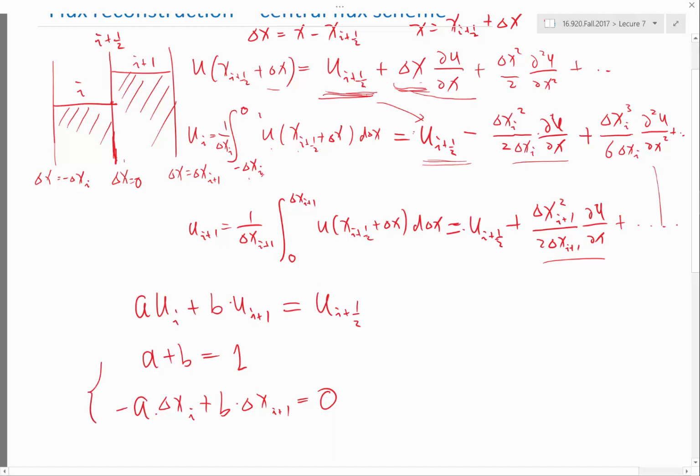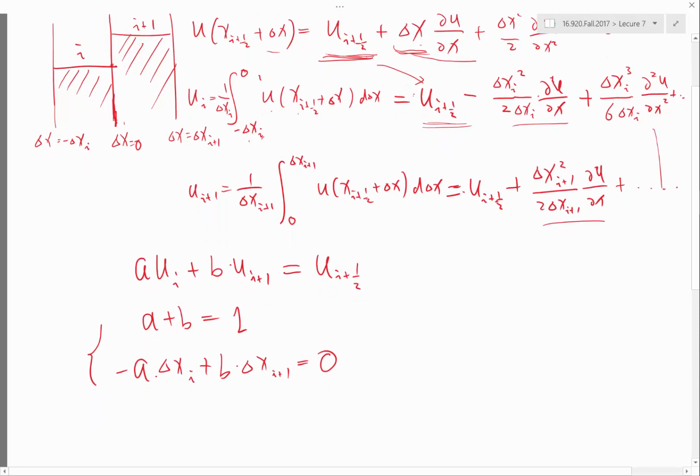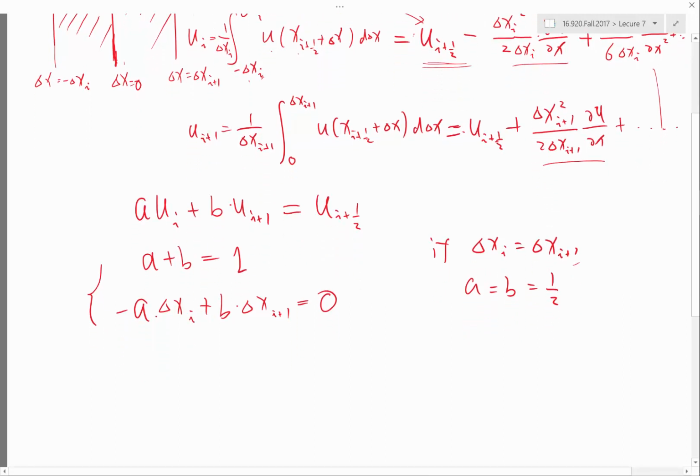So if we just solve these two equations to get the multipliers on ui and ui plus 1, for the simplest case, if delta xi is equal to delta xi plus 1, we get a equal to b equal to half. It's just a simple average. The interface u should just be an average between the volume average on the left and the volume average on the right. That's just from Taylor series approximation. And if the two delta x's are not equal, then the weight is going to be a little bit different.